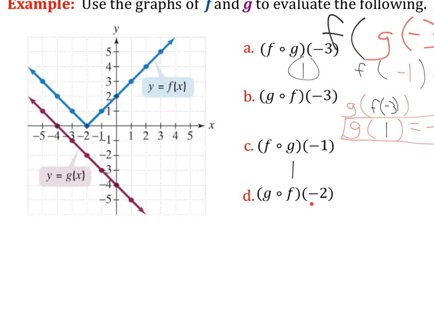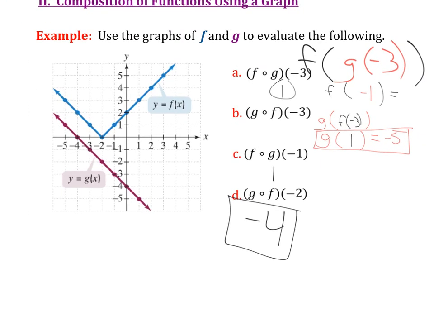So first, what is f of negative 2? That would be 0. And now I need to find g of 0, which would be negative 4. So those last two, you'll notice I was able to do without actually writing things out. Once you get in the swing of what's going on with composition, if you have a graph or a table, it's not too terribly difficult to follow along mentally as you go.